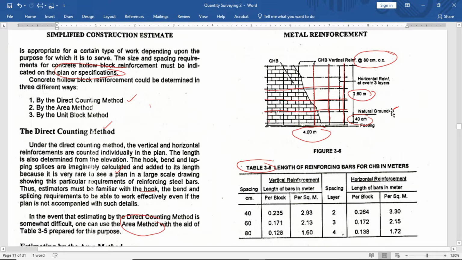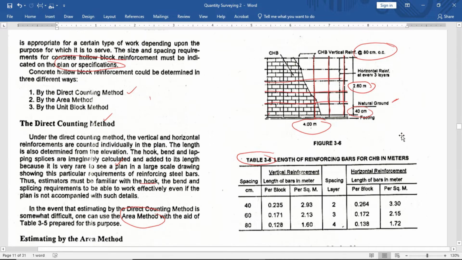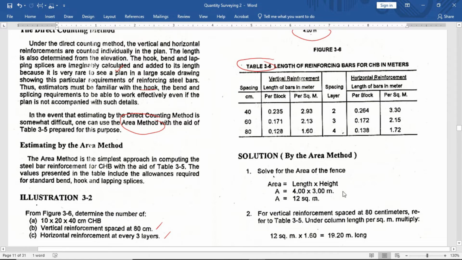So, 40 centimeters. Huwag nyong kalimutan. Kung 2.6 lang ilalagay nyo, wala nang hollow blocks sa baba, hindi naman yun pwede. So, area natin is length times height. 4 meters by 3 meters. So, area natin is 12 square meters.